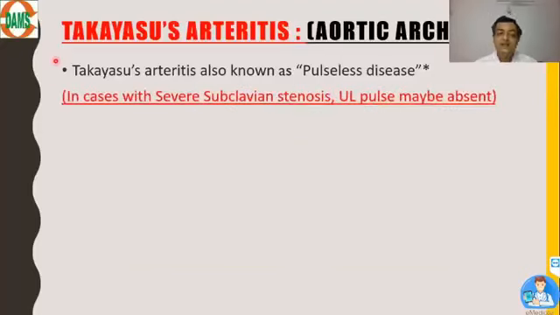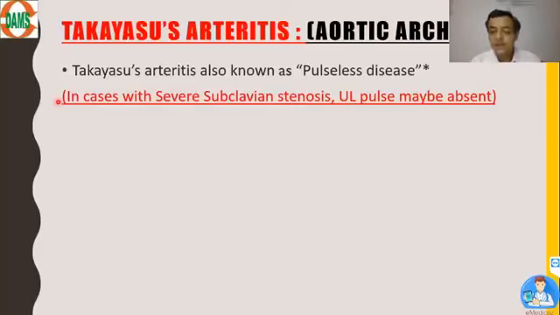Right? So in cases with severe subclavian stenosis, upper limb pulse may be absent. Previously, when the diagnosis of the disease used to be delayed, many patients used to develop severe subclavian stenosis. In severe subclavian stenosis, the upper limb pulse used to become feeble and it may also disappear.